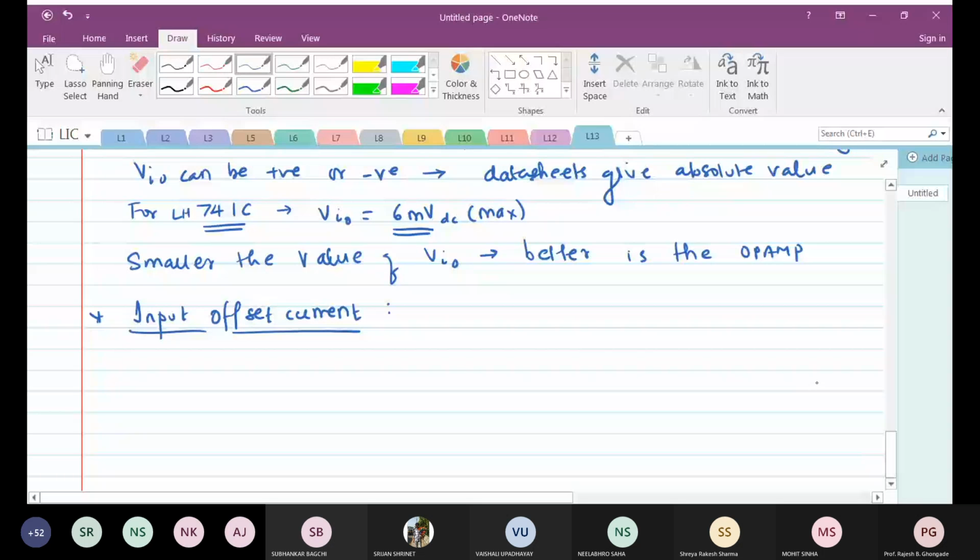Okay, let us concentrate on this input offset current. It is nothing but the algebraic difference between the currents flowing into the input terminals.